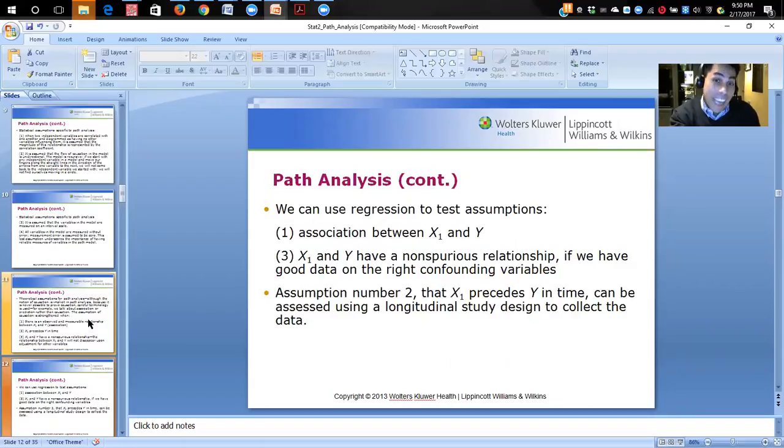So that is the assumption of path analysis, that the model is complete, that there are no confounding variables that you missed as a researcher.